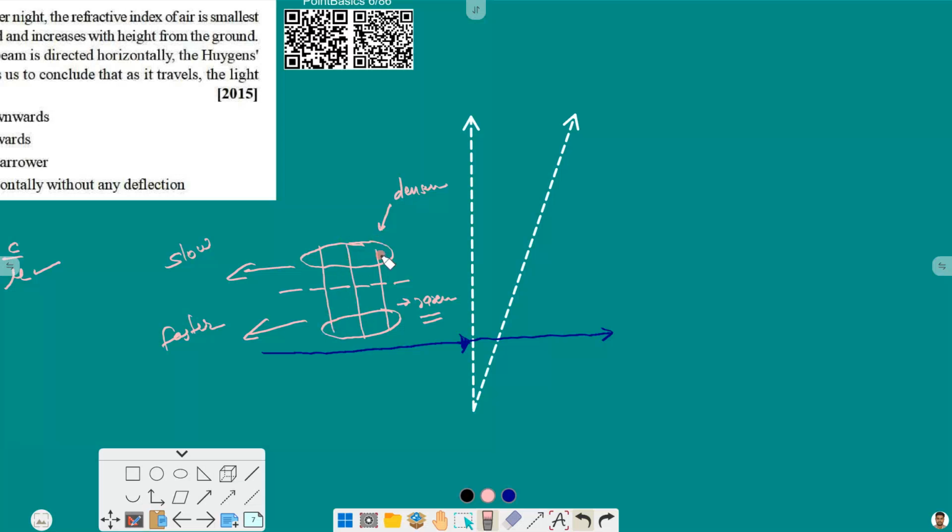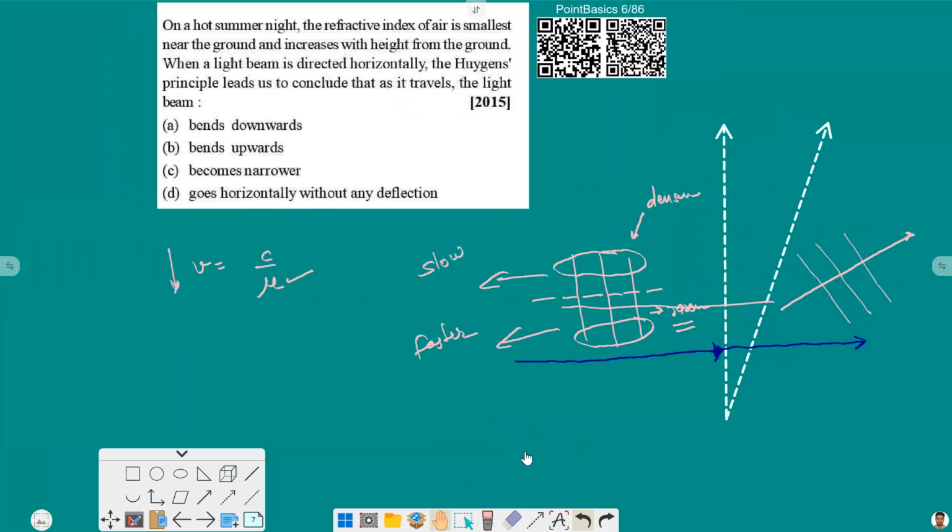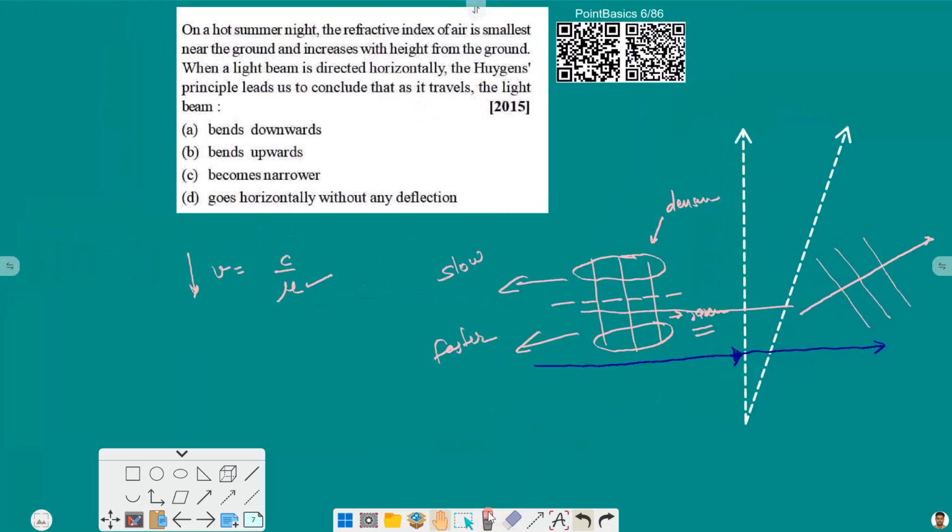Initially, the wavefront was vertical. Now it has started tilting. So the wavefront has bent upward. And from the given options, you can say option B will be the right answer.